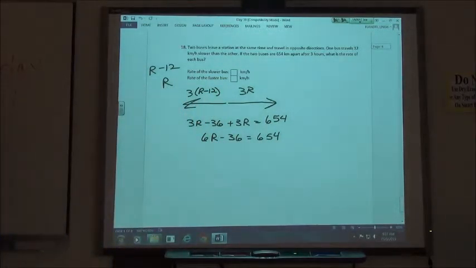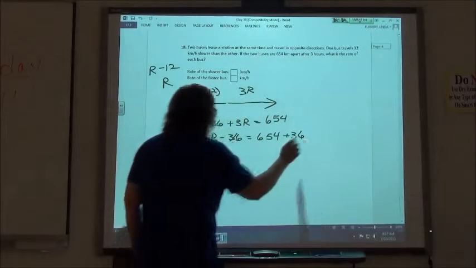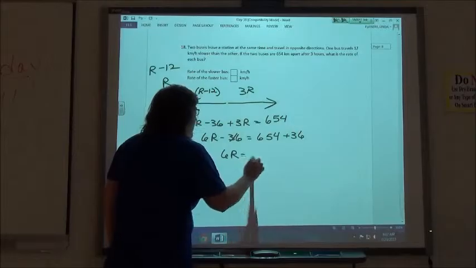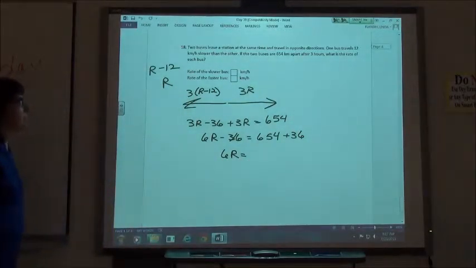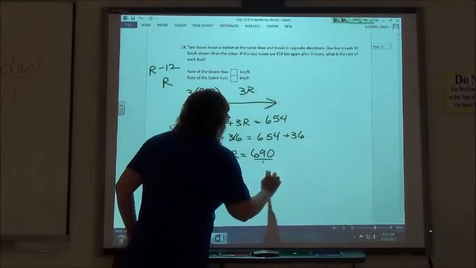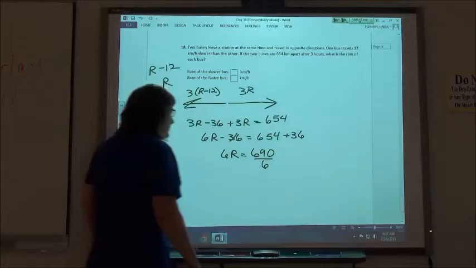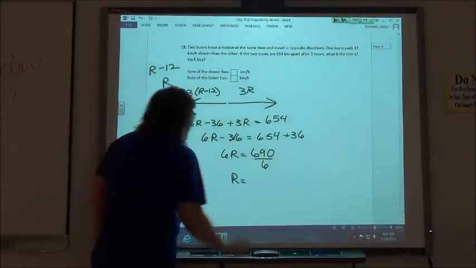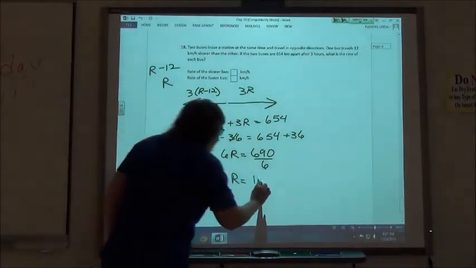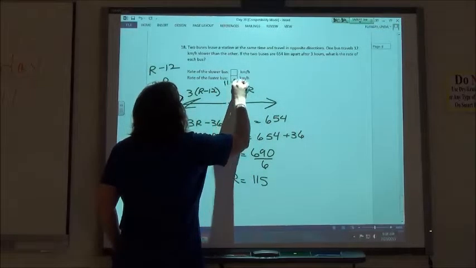So obviously we need to add our 36. 6R is then going to equal what? 690. And 690 divided by 6 would give me 115. Seems like a lot, but it's kilometers per hour, so hey, it's possible.